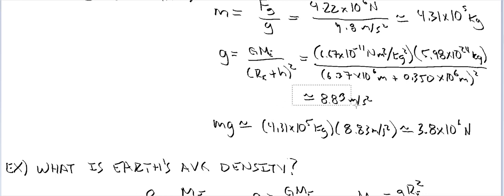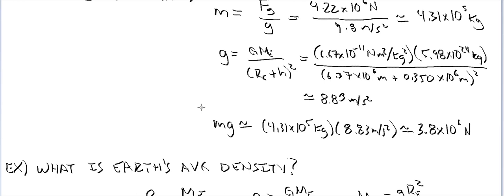So if you go that high up, the acceleration due to gravity is still actually about 8.83 meters per second squared instead of the probably more familiar 9.8 meters per second squared that we're used to down here near the surface of the Earth.